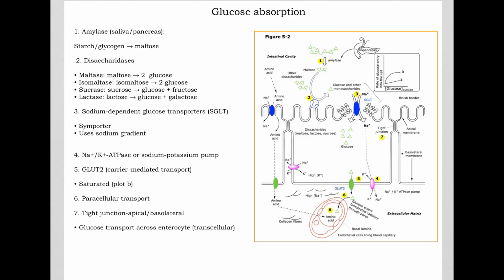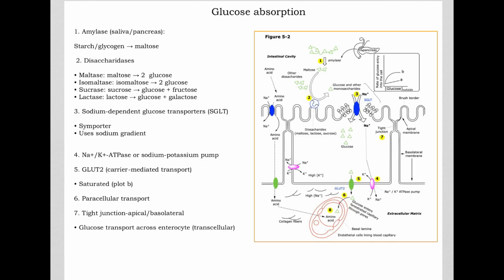It's important to note that transport proteins such as GLUT2 and SGLT, just like enzymes, they can become saturated. So for example, you can see in this plot, the rate of glucose transport increases with increasing glucose concentration, and once the glucose concentration reaches very, very high, then the rate of glucose transport reaches a maximum, a Vmax, very similar to enzyme kinetics.